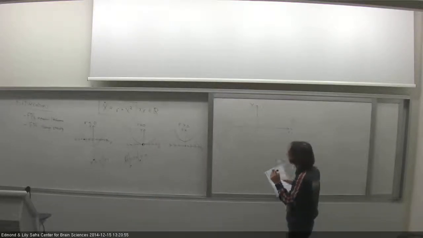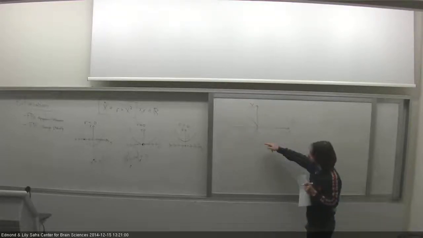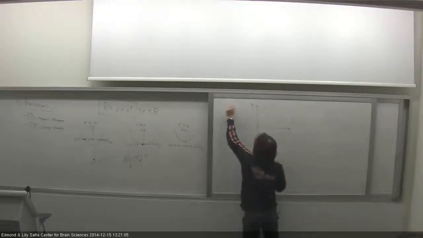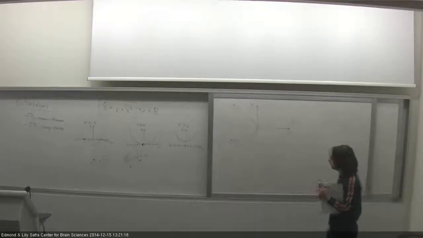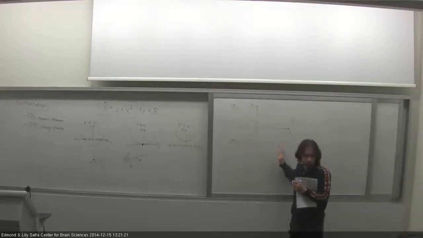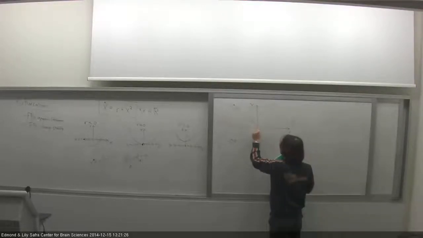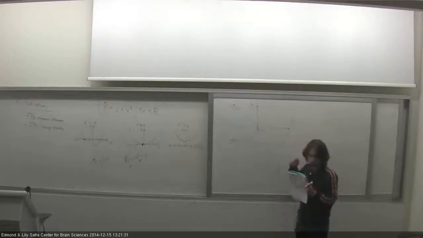So I already know that these fixed points appear as curves on this plot. This will be x2 star as a function of r, x1 star as a function of r. So now we see what happens to the fixed points as r is changed beyond this critical r, rc, which is 0. We have no fixed points.